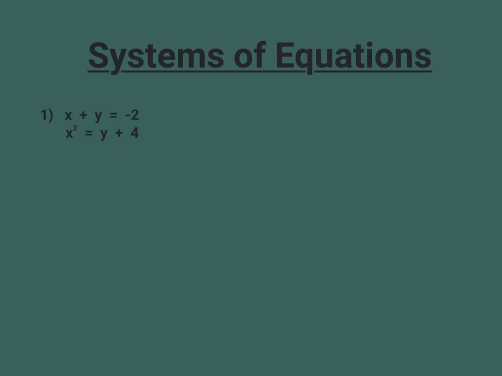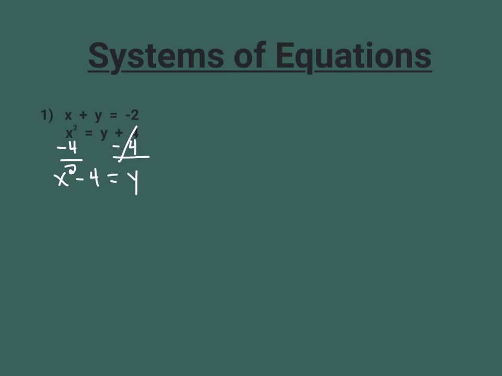So I'm going to get that y by itself, I'm going to subtract 4 from both sides of the equation. So that leaves me with x squared minus 4 being equal to y.